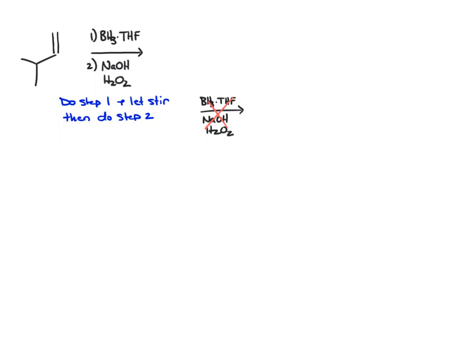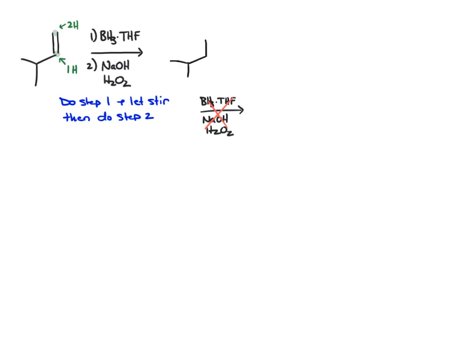So let's predict the product for this. What you want to do is, again, look at the 2 carbons of the alkene, here and here, and figure out which one is more substituted and which is less substituted. This carbon has 2 hydrogen. This carbon has 1 hydrogen. Because the hydroboration is anti-Markovnikov, the hydrogen adds to the more substituted side this time, the OH to the less substituted side.